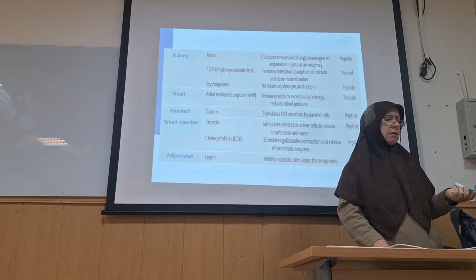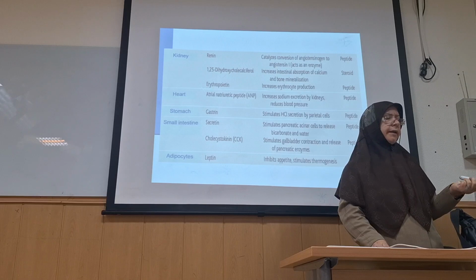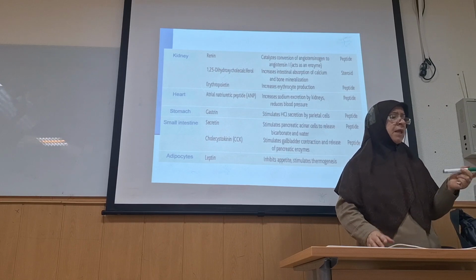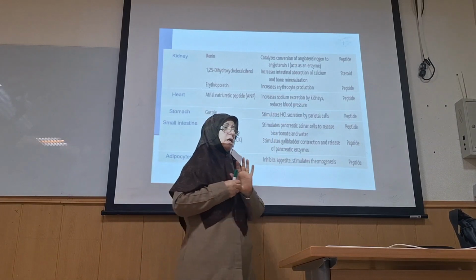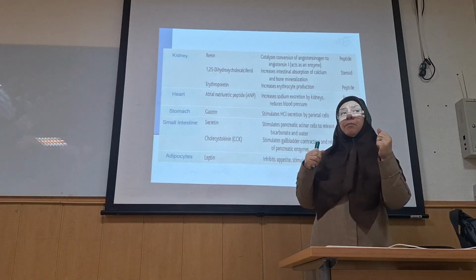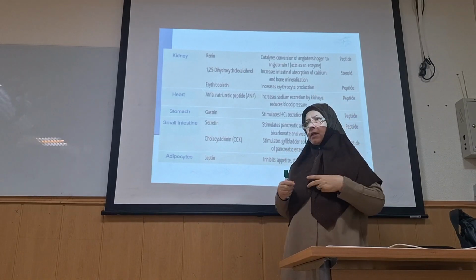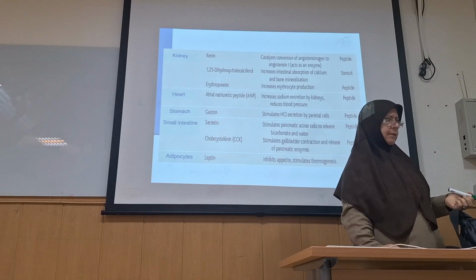Yes, CCK is secreted. Okay, in kidney: renin, activated vitamin D, erythropoietin; heart: ANP. Okay, in this block, endocrine block, which hormones will we discuss? Classic glands hormones.